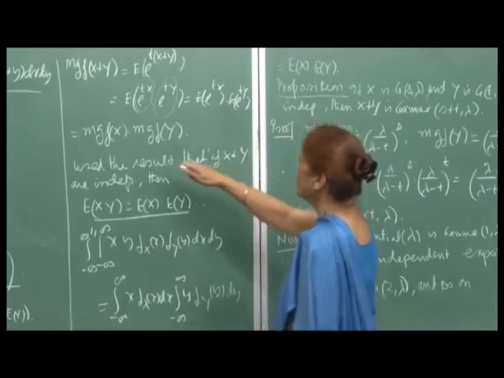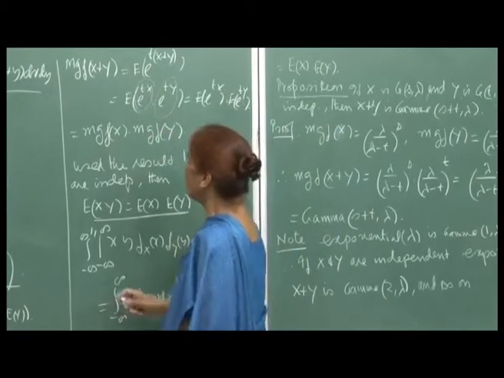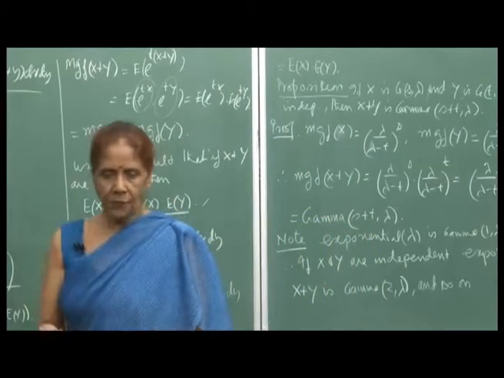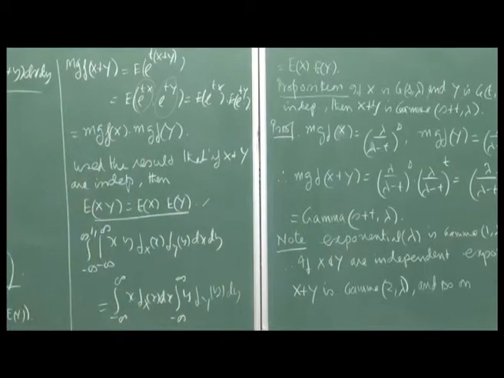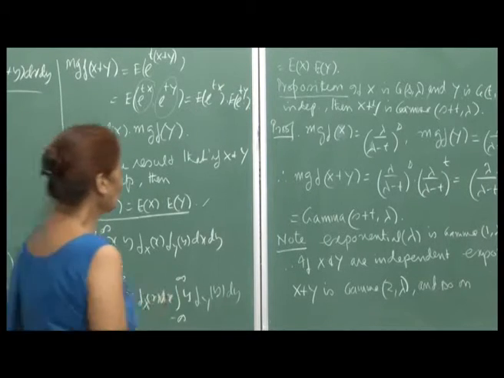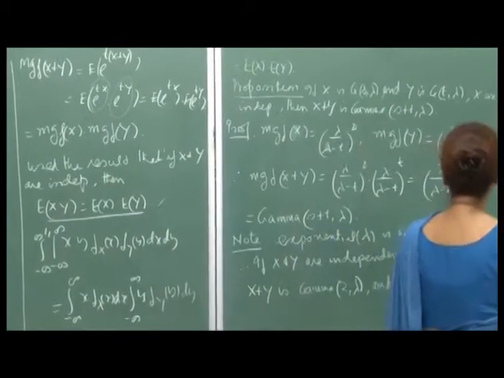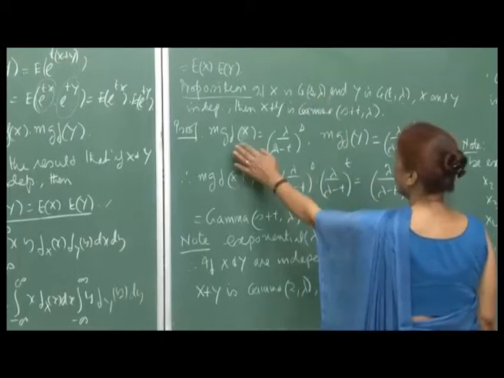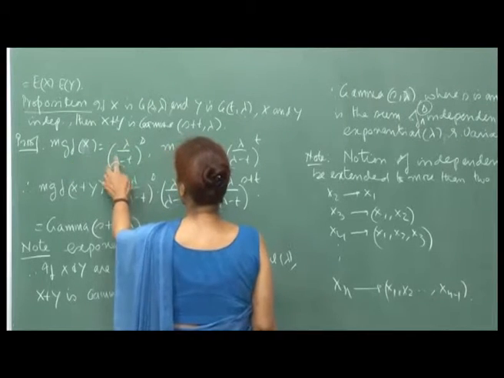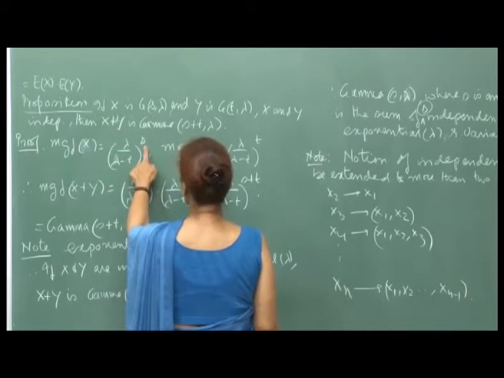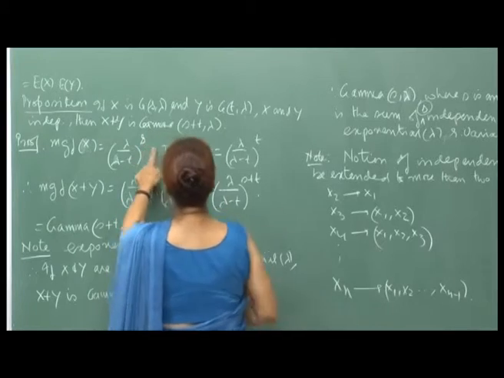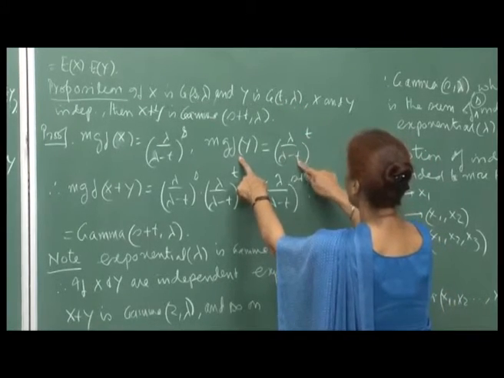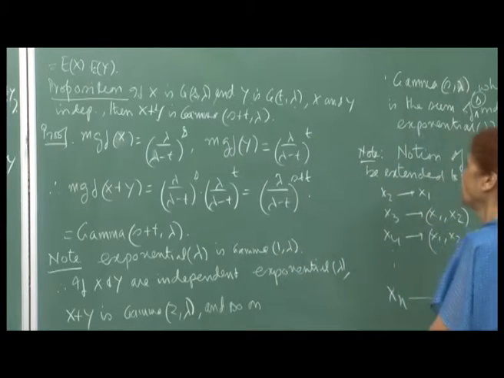So, that means, if x and y are independent, then the MGF of the sum is the product of the individual moment generating functions. That is the important result, and that is what I am going to use here. We know that when x is gamma s lambda, its moment generating function is given by lambda upon lambda minus t raised to s, and the moment generating function of gamma t comma lambda is lambda upon lambda minus t raised to t.